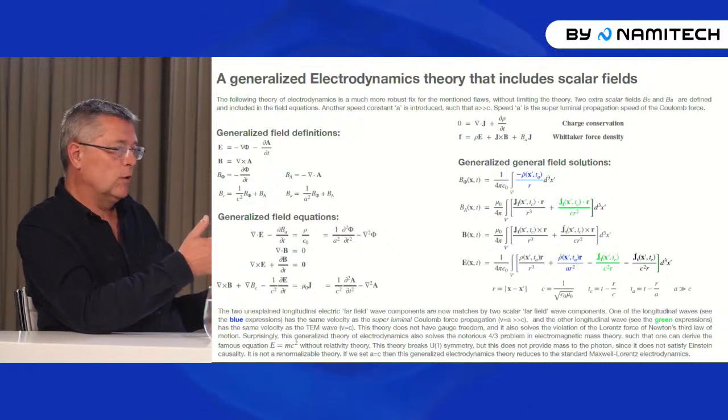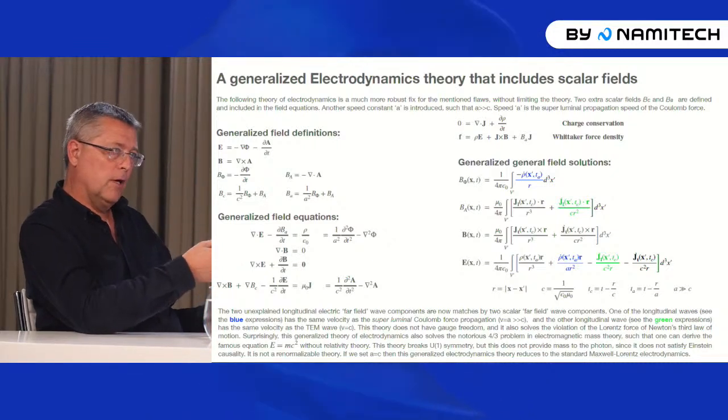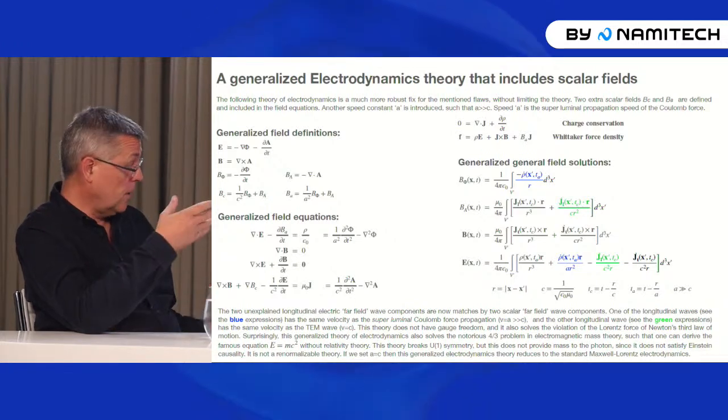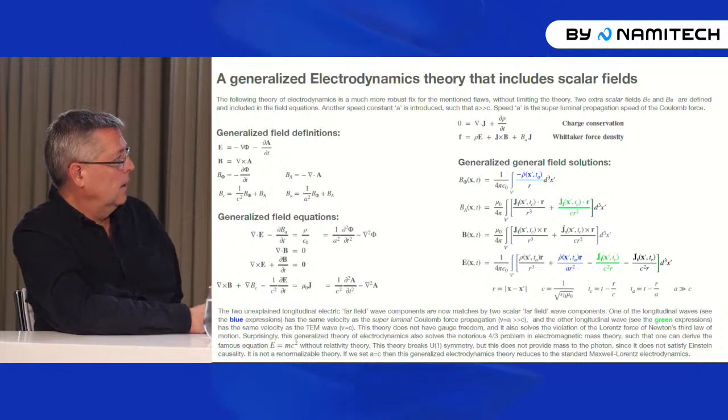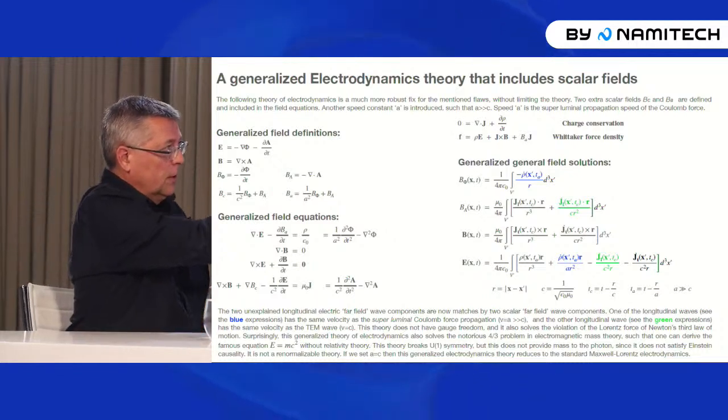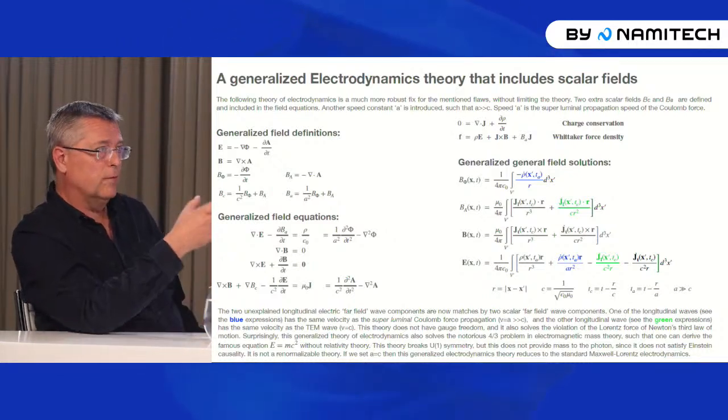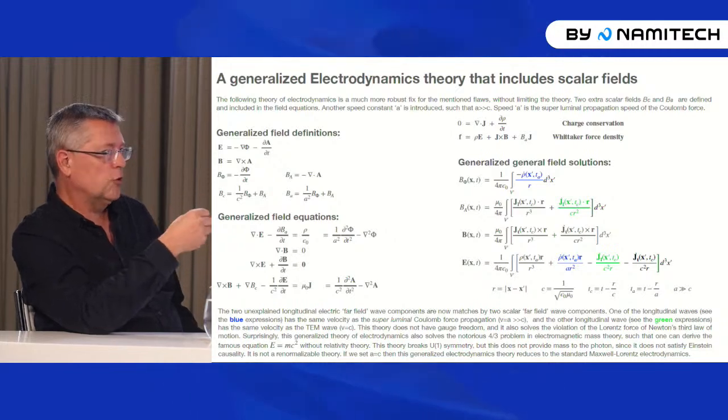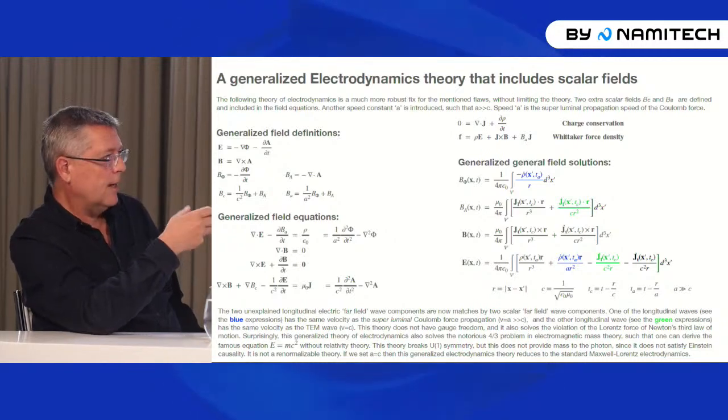And this is motivated by these modern experiments that show the Coulomb field is superluminal. It's much faster than the speed of light. So we have now two potential equations. One is traveling with the c velocity, and the other one is traveling with the a velocity.